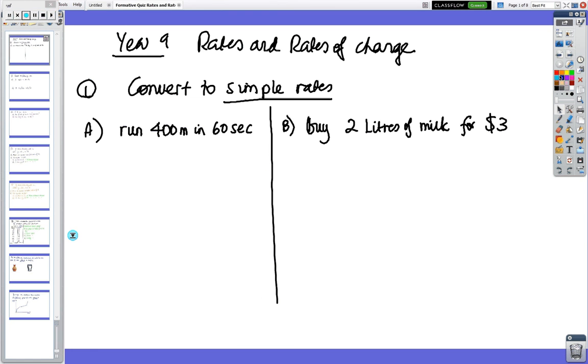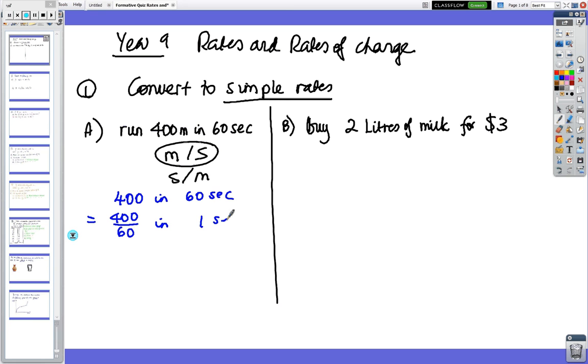Okay, so in the first one, normally rates would be meters per second, but you could have seconds per meter, but we'll stick with the traditional one. So 400 in 60 seconds equals 400 divided by 60 in 1 second.